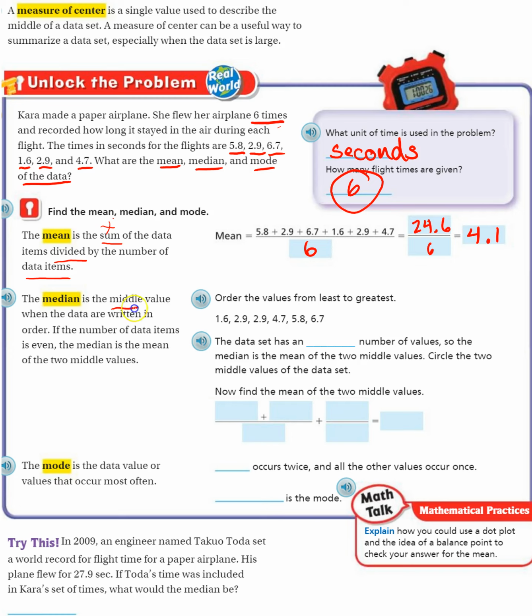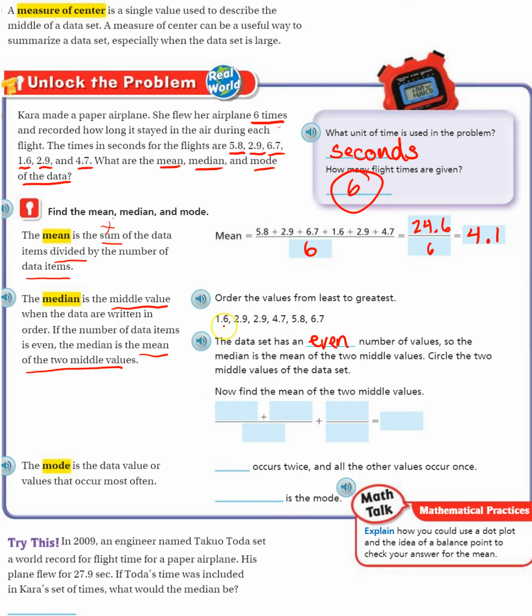The median is the middle value when the data are written in order. If the number of data items is even, the median is the mean of the 2 middle values. So we have to put them in number order first from least to greatest. So this is the shortest amount of time to the greatest amount of time. The data set has an even number of values.